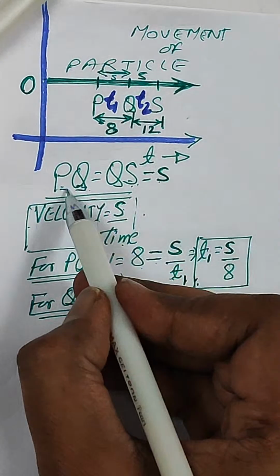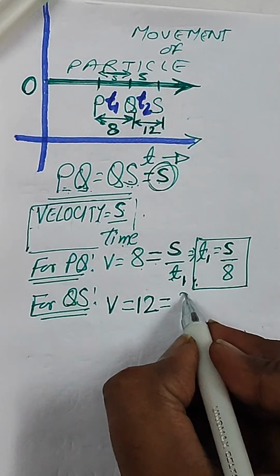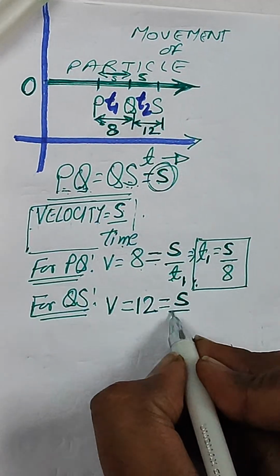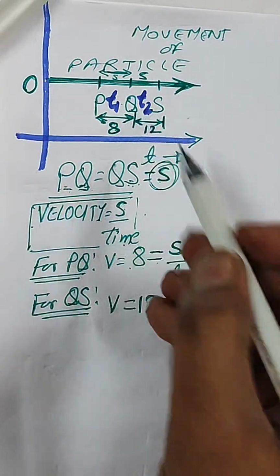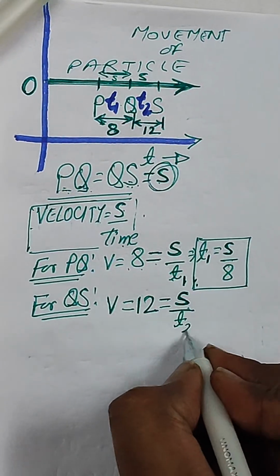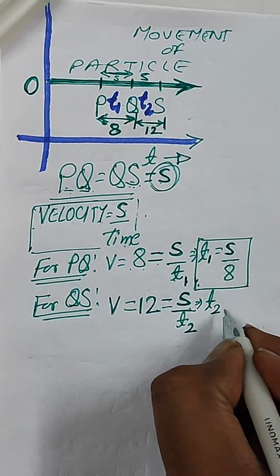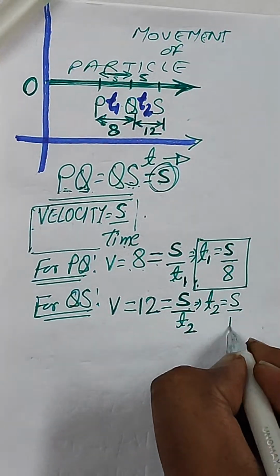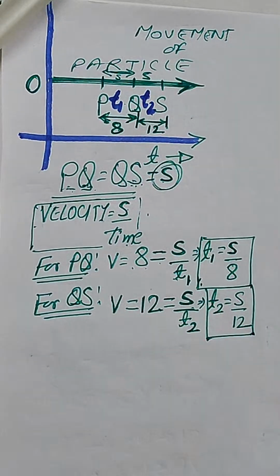The displacement for PQ and QS both are the same, equal to S. So S divided by the time taken, which we have considered as t2, so it will be S by t2. This will give you t2 as S by 12. So this is the second relation which is arrived.